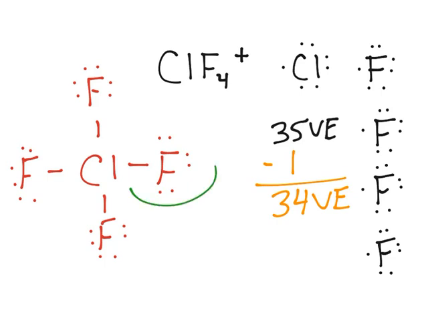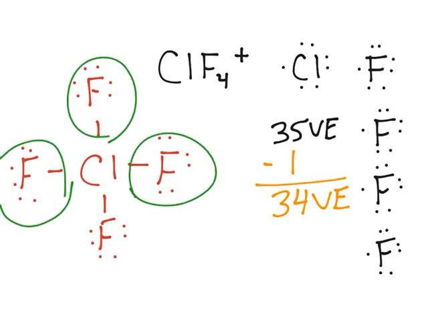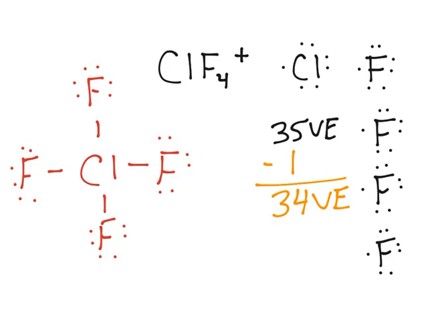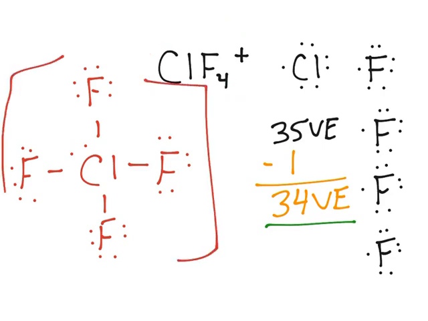We've got 8, 8, 8, and 8 for a total of 32, but we should have placed 34, so those last 2 are just going to go on that center element, which in this case is chlorine. Last step here, since it is an ion, we will have to put it in brackets and give it a 1 plus charge.